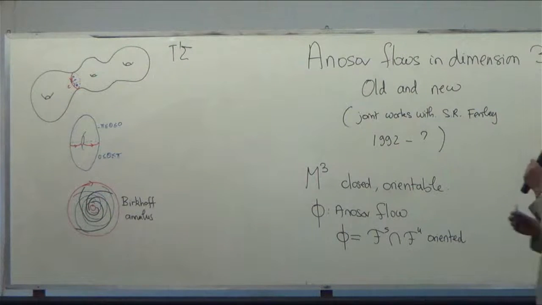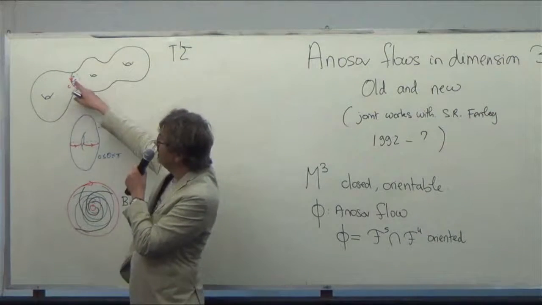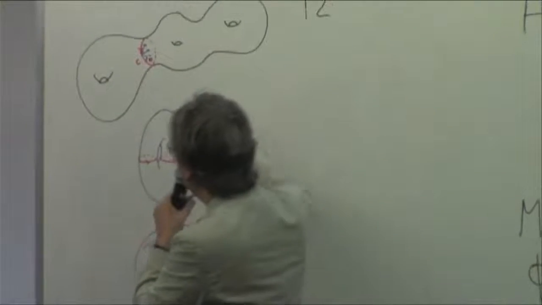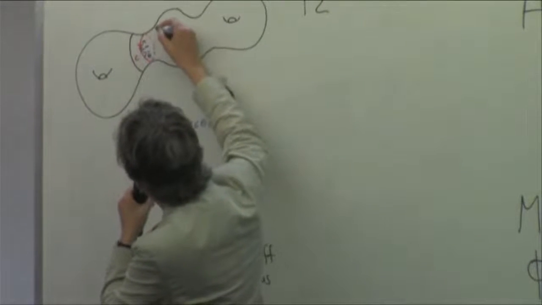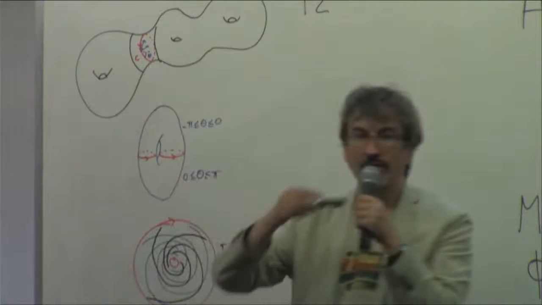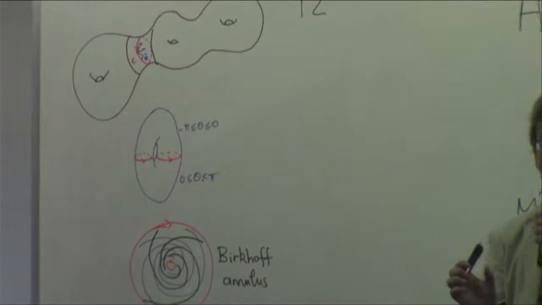Let us see an interesting example. Here I was assuming the surface to be orientable. Now assume that it is not orientable, and that this loop is a Möbius band. The tubular neighborhood is a Möbius band. So what happens?